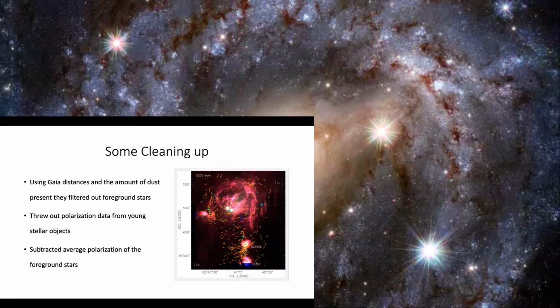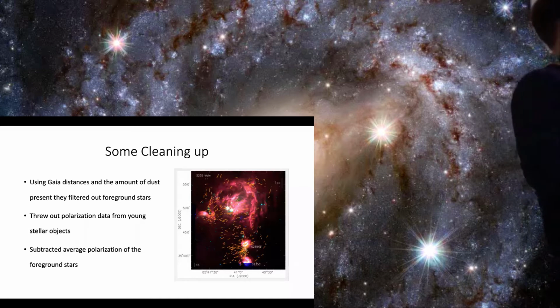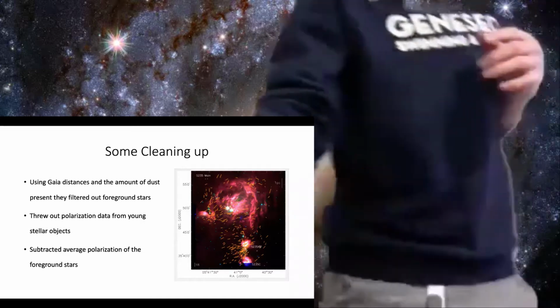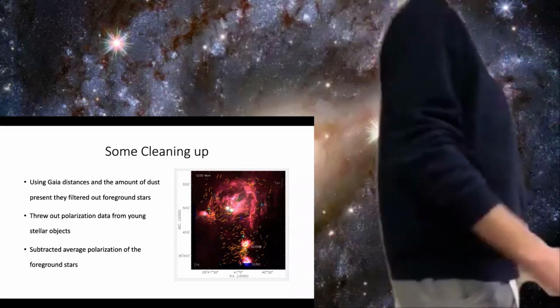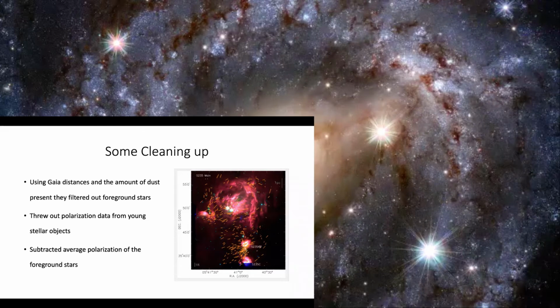To make sure they were getting the right polarization, they subtracted the average polarization from the foreground stars from the stars in the background. That left them with these yellow lines of the magnetic field. The longer they are, the stronger it is, and the direction is the direction of the magnetic field.